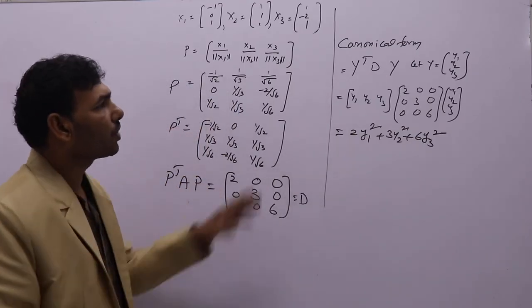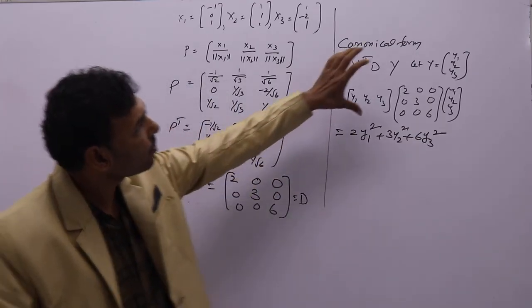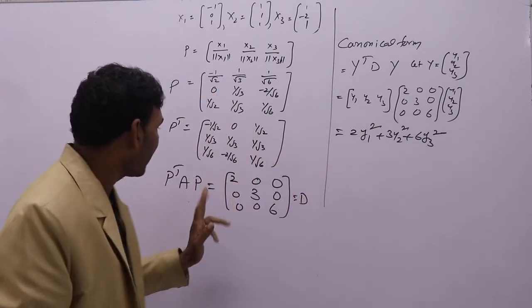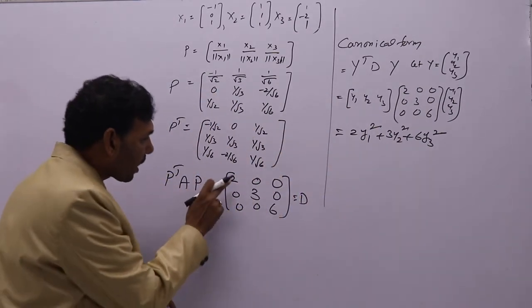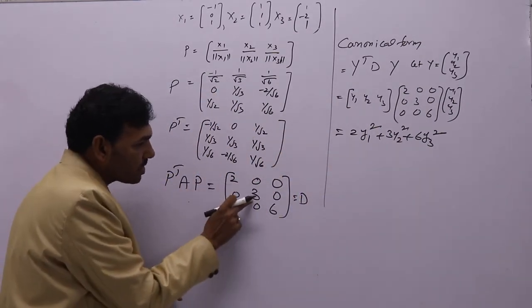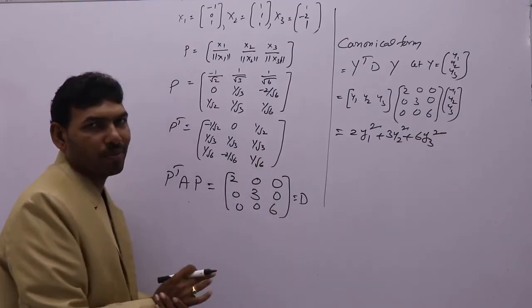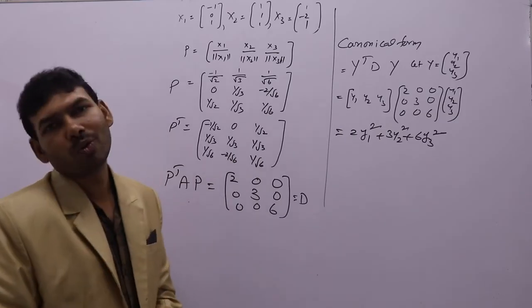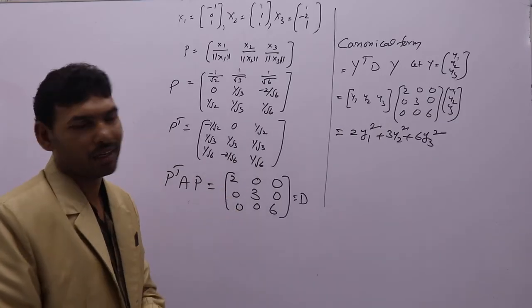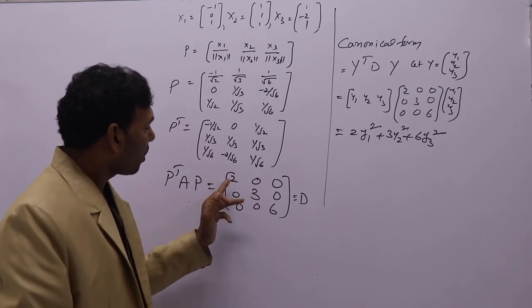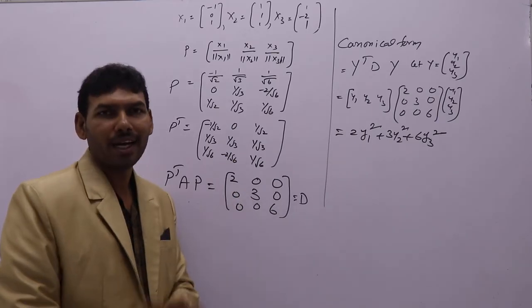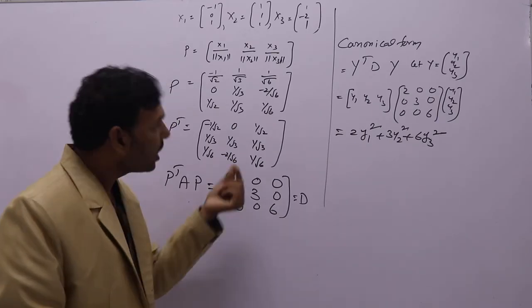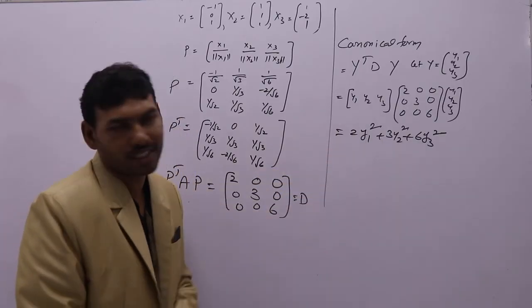Like that you can write the canonical form without mentioning all this. Directly from here you can write 2y1 square plus 3y2 square plus 6y3 square, because you know we keep square element coefficients in the principal diagonal. If you have non-zero elements in the principal diagonal, that means they are square element coefficients.